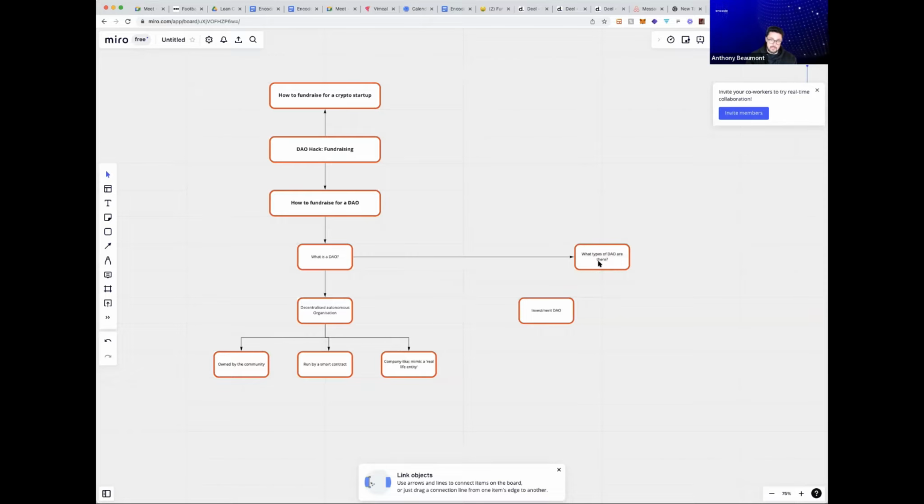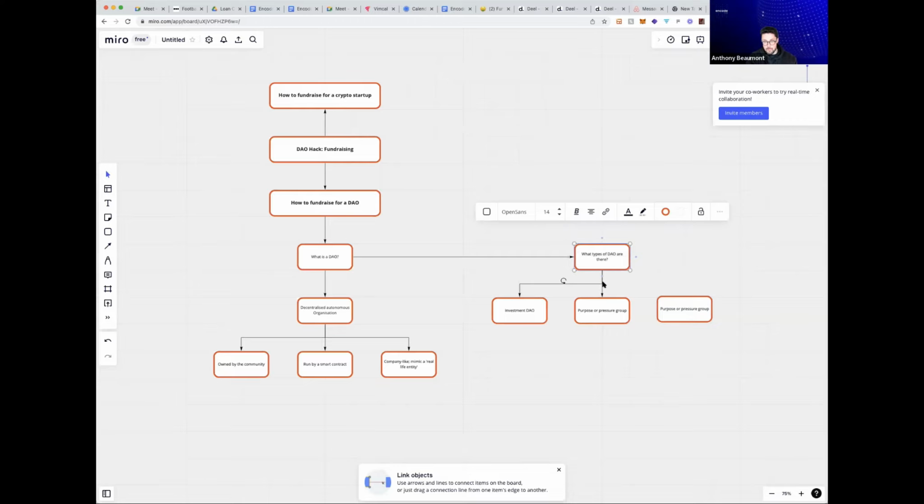It should be fairly obvious how this fundraises, but we'll talk about it in a moment. The second is a community or a purpose or pressure group, which again we'll talk about in a moment. And the third type is a governance structure, or governance for a protocol. These are the three broad types we care about.